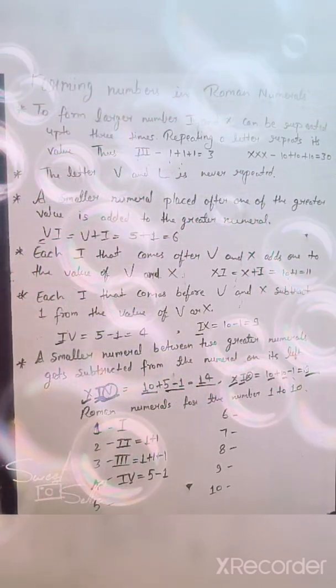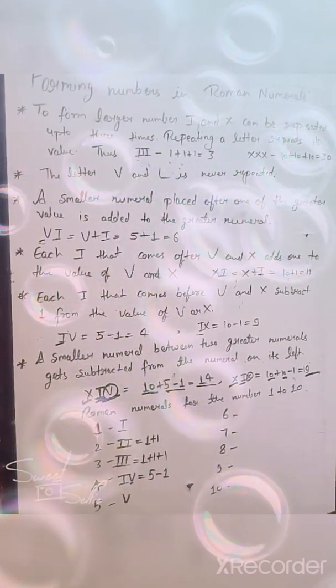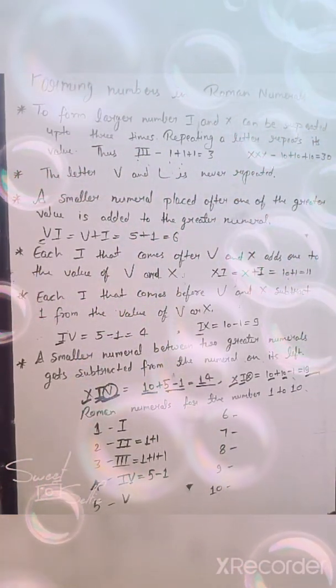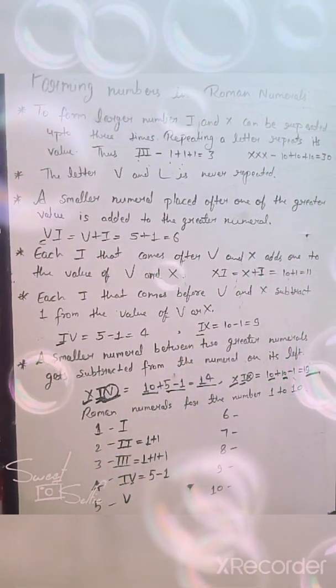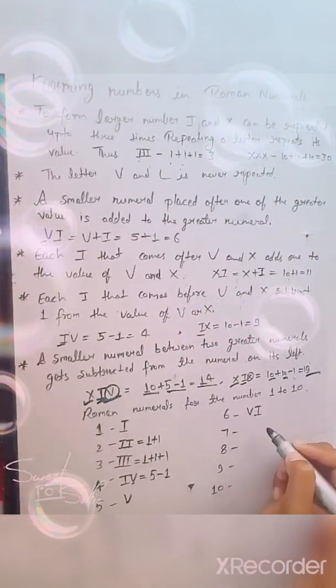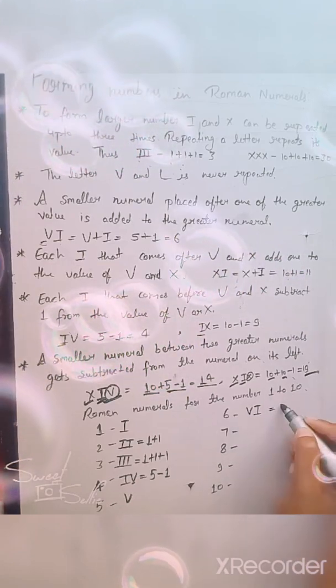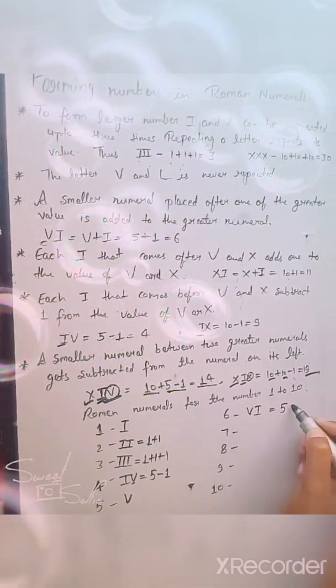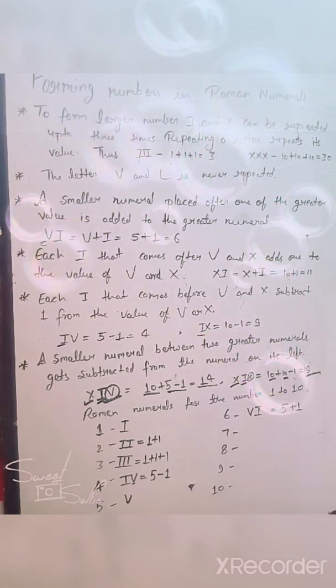Okay, and for 5 we know V represents 5. And 6: here we can write 6 as VI, because the value of V is 5 and for I 1, so 5 plus 1 is 6.